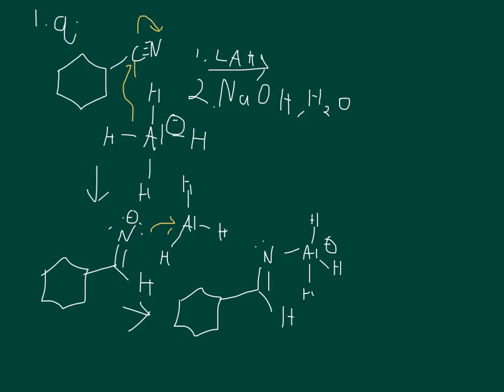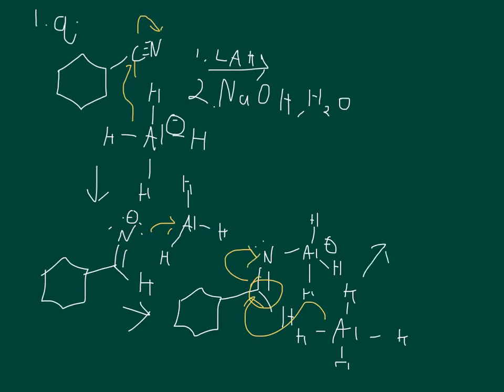Well, once again, we still have lithium aluminum hydride in solution, and when we attacked, we still ended up having a reactive position, a nucleophile, which means I can have another molecule come in and do the nucleophilic attack, which would just be that addition of that hydride. So it'll come in from the back, push electrons up onto the nitrogen. Well, that means we're creating a negative charge on the nitrogen.